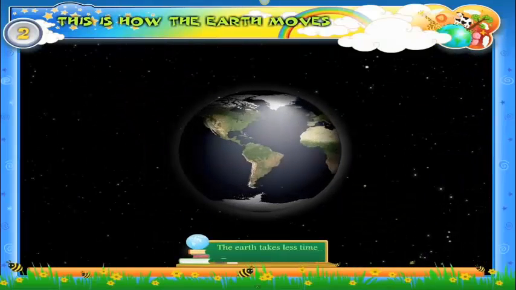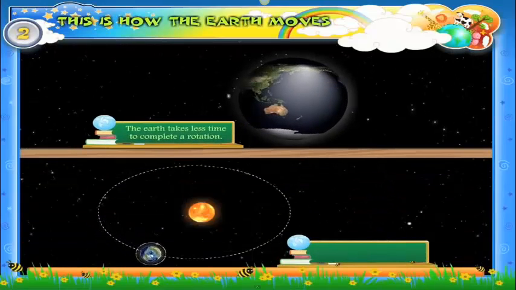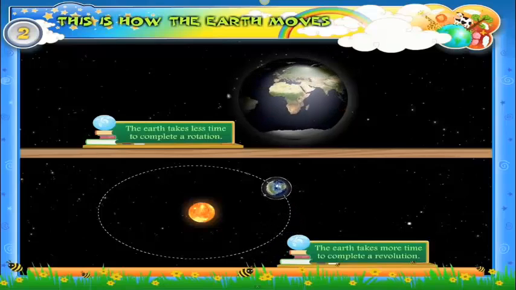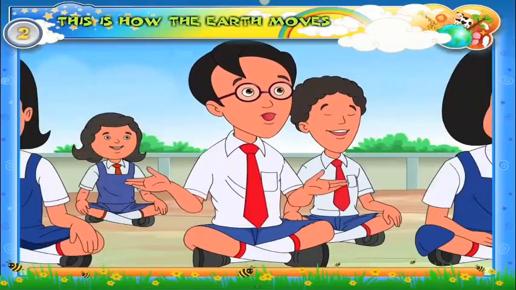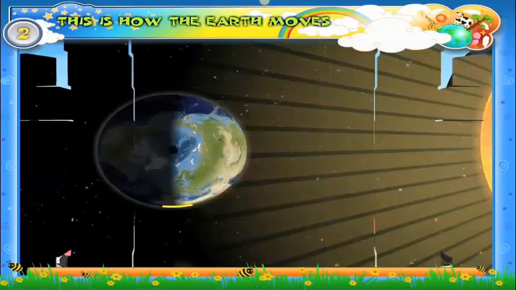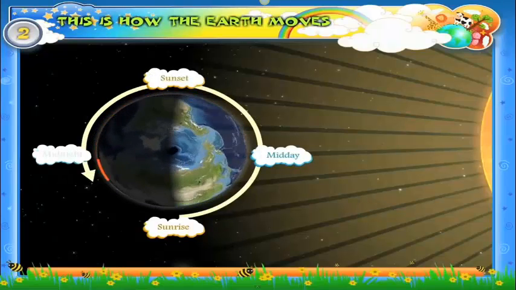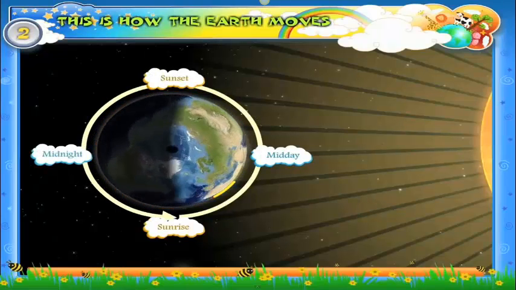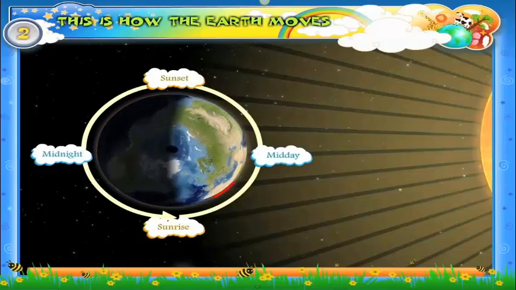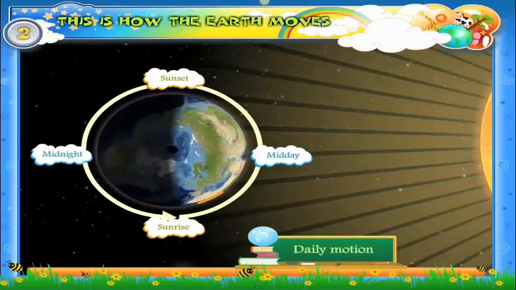The earth takes less time to complete a rotation and more time to complete a revolution. How much time does the earth take for one rotation? The earth takes just 1 day for a complete rotation. As the earth takes 1 full day for spinning around itself, the rotation of earth is known as the daily motion.